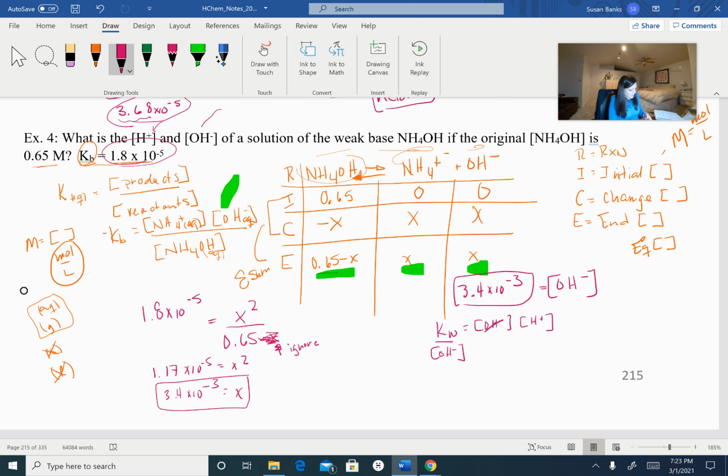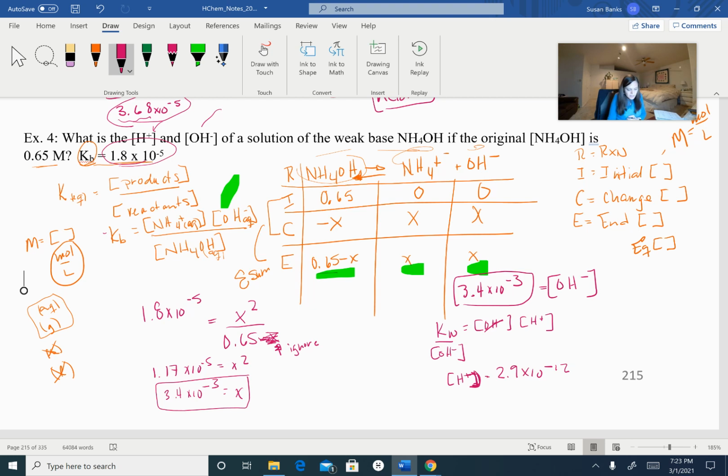So I am going to divide 1 times 10 to the negative 14 to get my hydrogen ion concentration. My hydrogen ion concentration to 2 significant figures, because that's really all I have, is 2.9 times 10 to the negative 12.